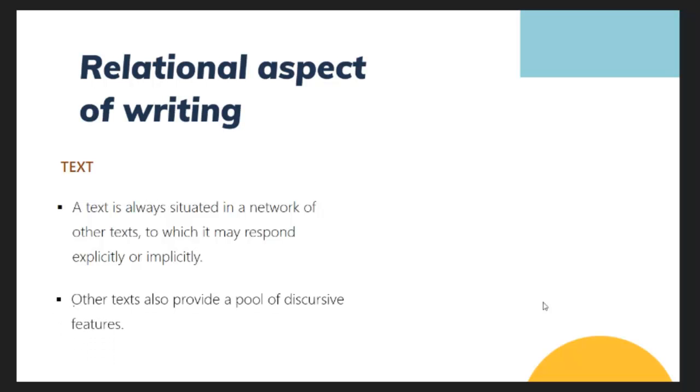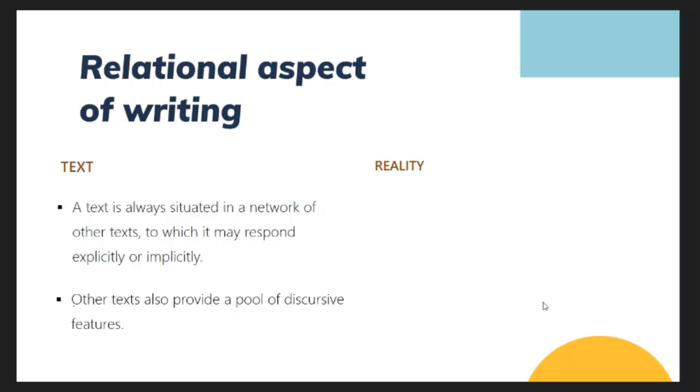Meanwhile, other texts also provide a pool of discursive features which the writer can use to achieve the same discursive effects, in a way that the reader knows how to interpret the text.